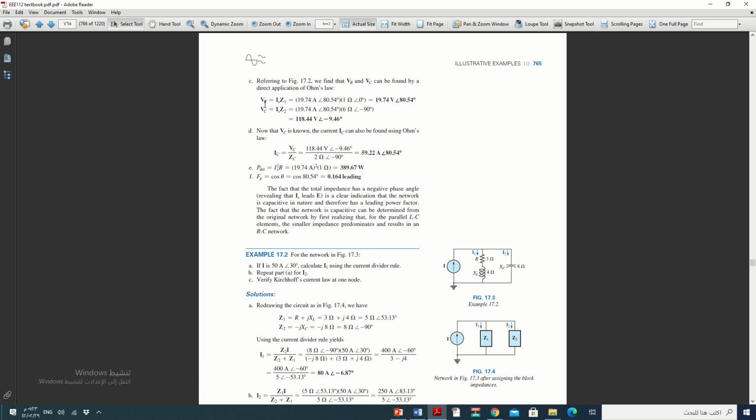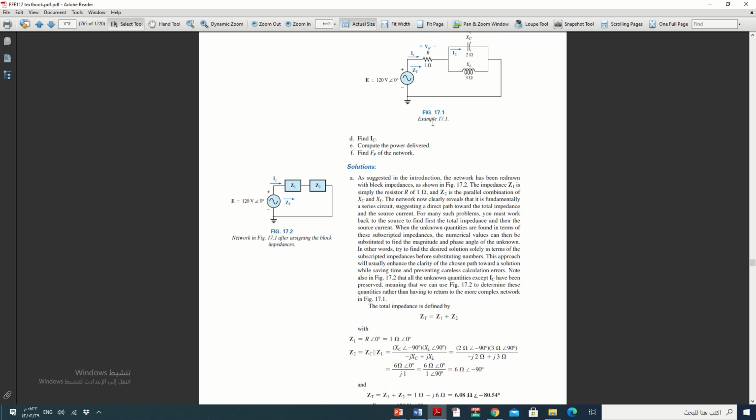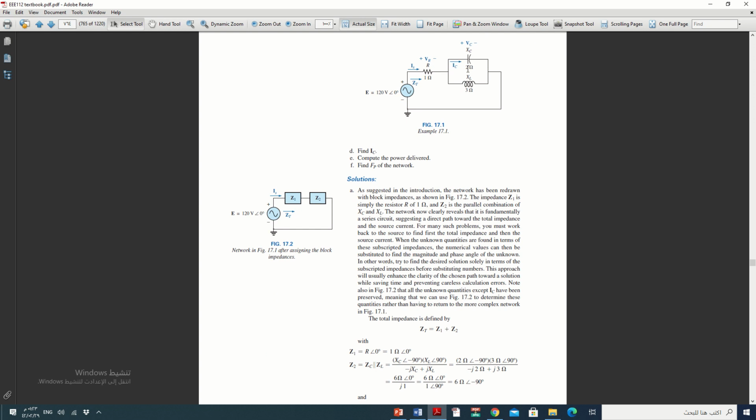Let's go to the third requirement, which is VC. We can calculate VR and VC. If you make the combination between XC and XL, this will be Z2. If we multiply IS by Z1, you will get VR, and if you multiply IS by Z2, you will get VC and VL.